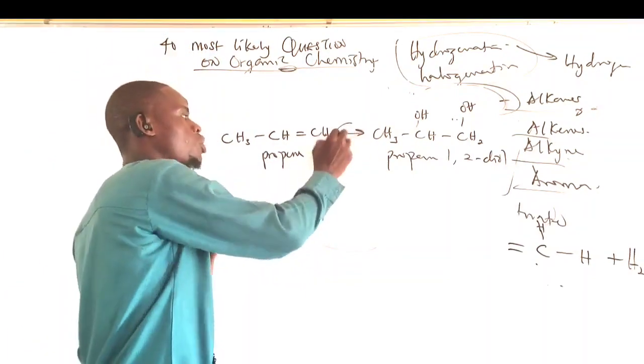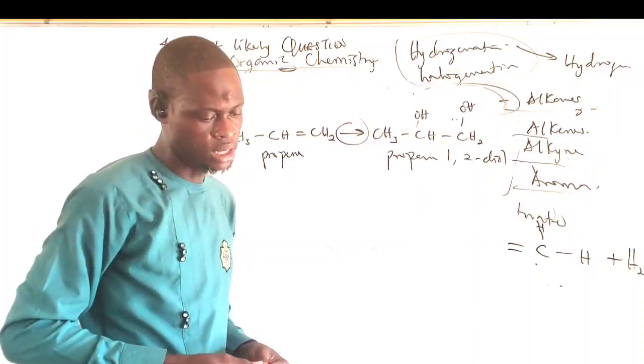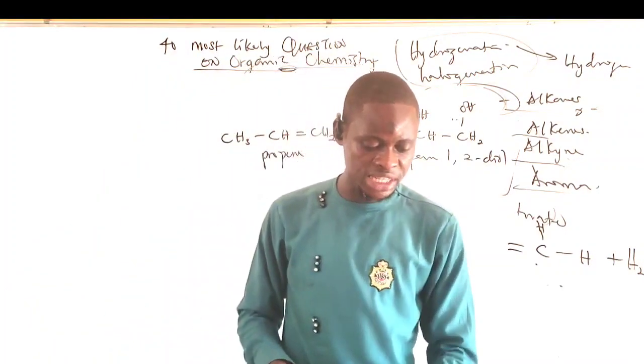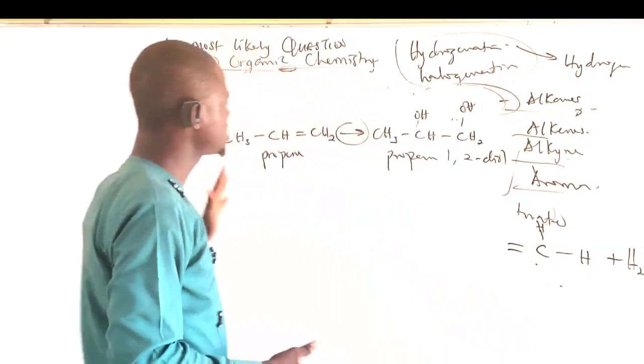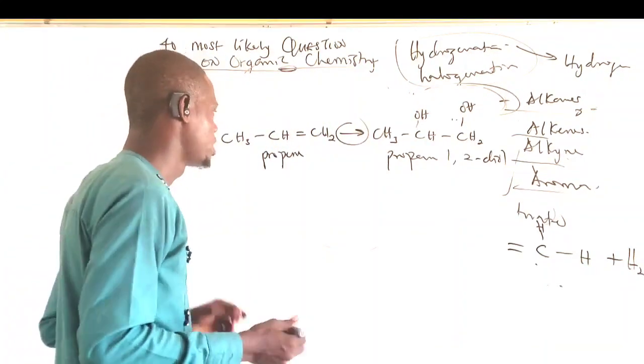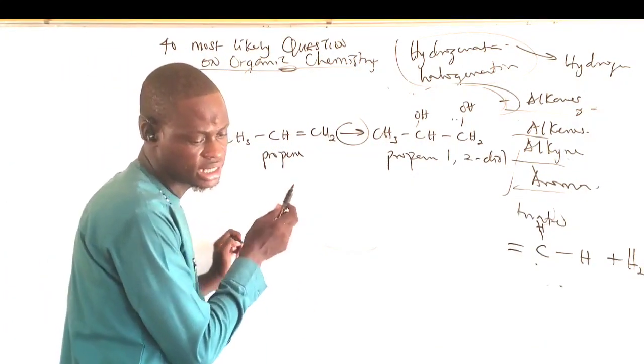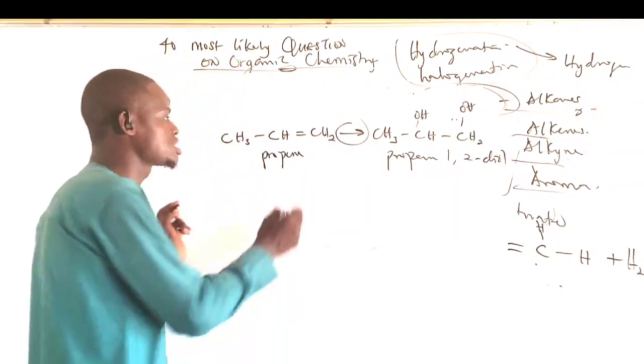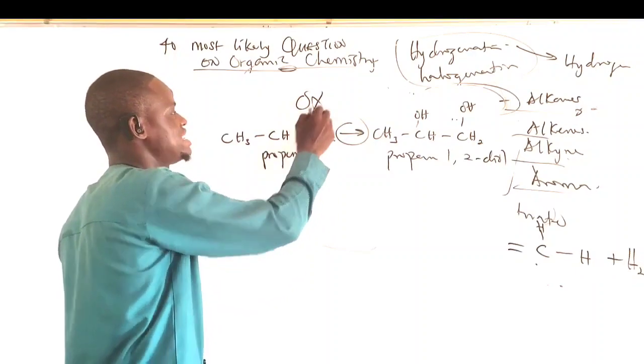Now, what is the question? This is a reaction. What kind of reaction is this? The question that it asks is, which of the following reagents is used for the conversion indicated above? Now, let me give you one thing here. This reaction that you are seeing here is otherwise known as an oxidation reaction of ethene.